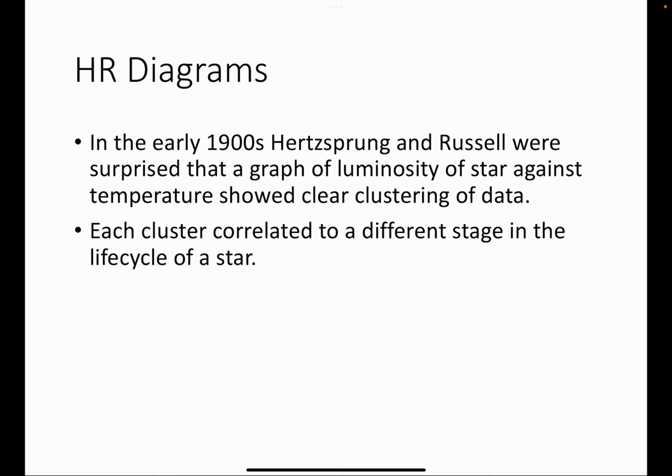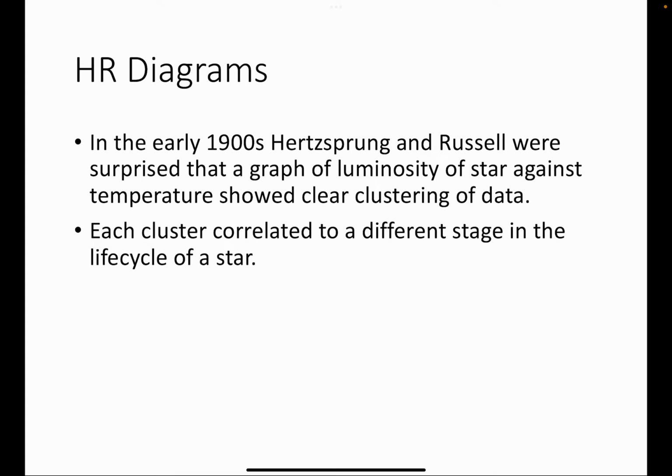And that clustering of data seemed to correlate to different stages in the life cycle of a star. And so this is incredibly useful because if we observe a brand new star and measure its luminosity and its temperature, we are able to deduce and determine whereabouts in its life cycle that star is.